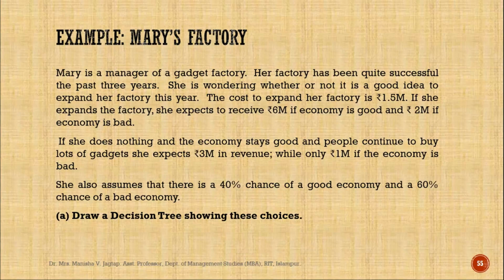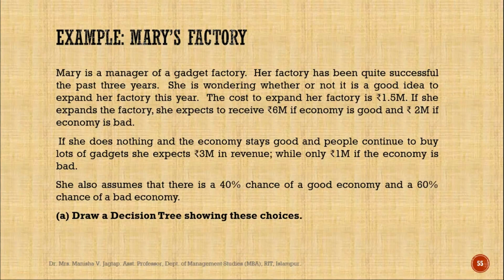If she does nothing and the economy stays good and people continue to buy lots of gadgets, she expects rupees 3 million in revenue, while only rupees 1 million if the economy is bad. She also assumes that there is a 40% chance of a good economy and a 60% chance of a bad economy.